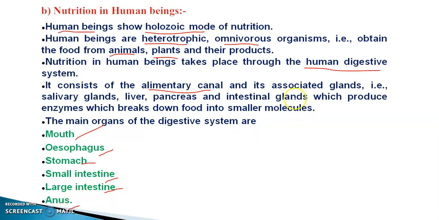Along with these organs, there are some associated glands, because these glands secrete digestive enzymes for the digestion of food. The glands are the salivary gland, liver, pancreas, and intestinal gland. These glands secrete different types of digestive enzymes which break down complex food molecules into smaller molecules.